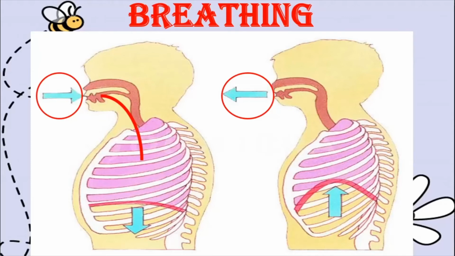After the oxygen is absorbed from the air by the lungs, the remaining gases which are there in the air is thrown out. See, now the air is coming out of the lungs and it is going outside your body. So that is called breathing. This kind of breathing happens in all animals. We human beings breathe using our lungs.